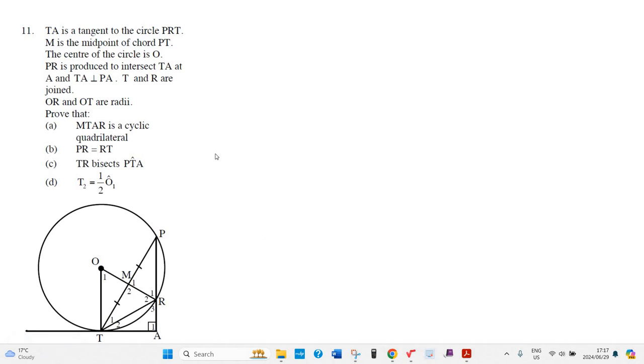Okay, let's see how I did this many months ago. I'm going to try and prove that MTAR is a cyclic quad. Oh, that's a line from the center. And this here, oh, I know about that. I know that a line from the center that bisects a chord must be perpendicular.